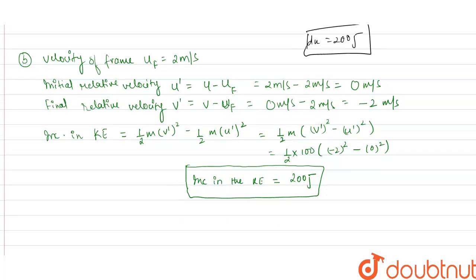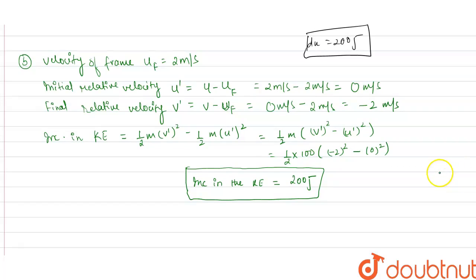Now in the third part we have to calculate the work. To calculate the work we need to find the force and the displacement. So find the friction force acting on the block and the belt.